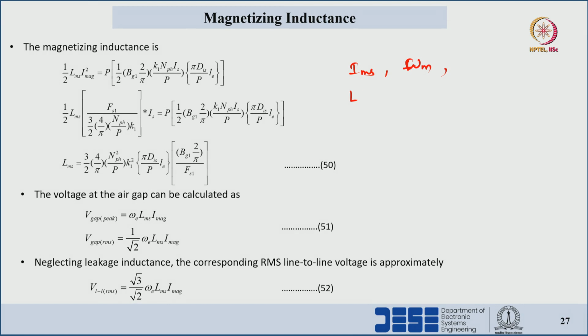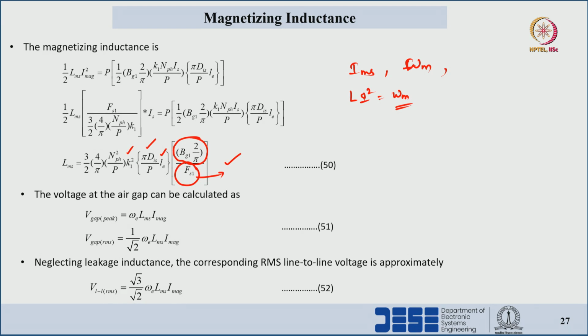then if we equate half L i square equal to the field energy, we will get the inductance value, that is the magnetizing inductance per phase, equal to 3 by 2 into 4 by pi, number of turns per phase square by number of poles, into winding factor square, pi d by p, which is nothing but the pole pitch, into Le, Bg1 into 2 by pi will give the average flux density, and Fs1 is the maximum MMF per stator with respect to the stator side.